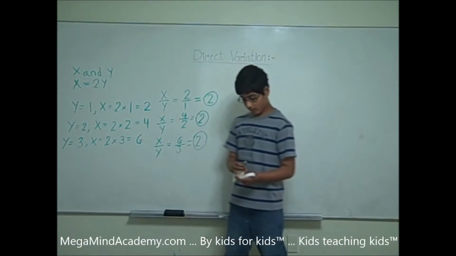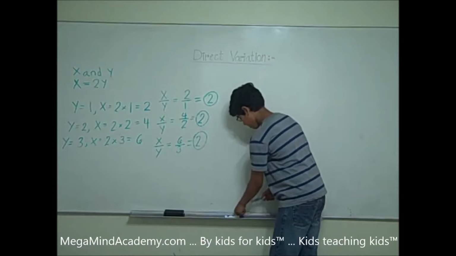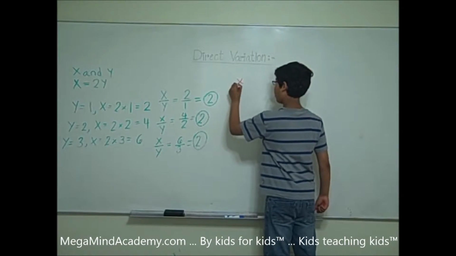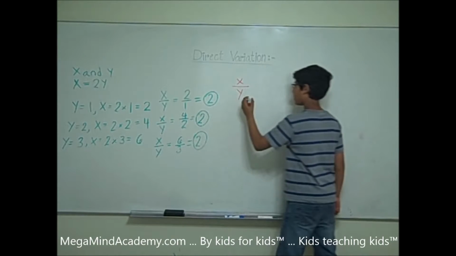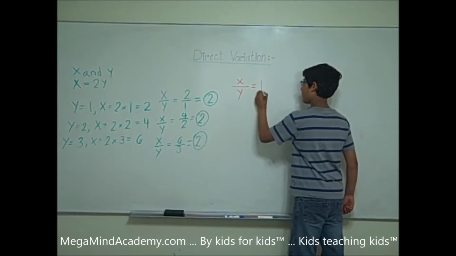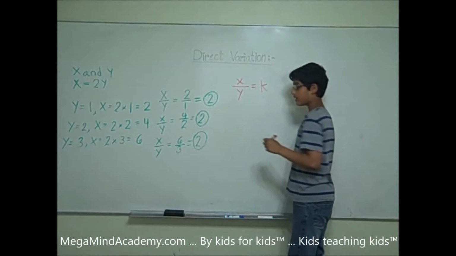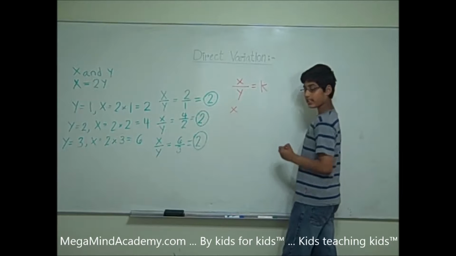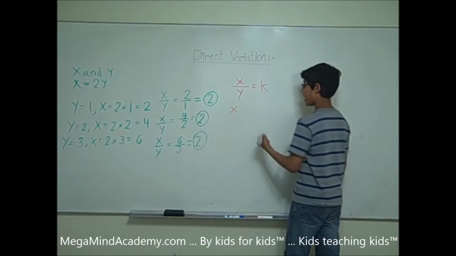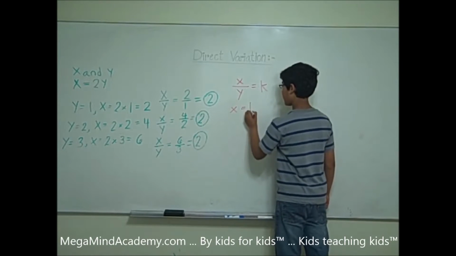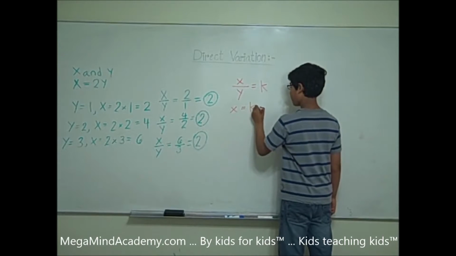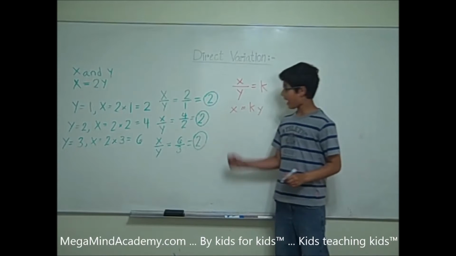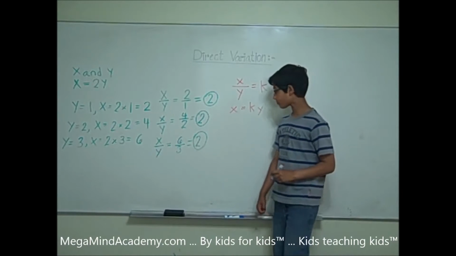Now, X over Y is equal to K. This means if X varies directly as Y, we can say that X is equal to KY.